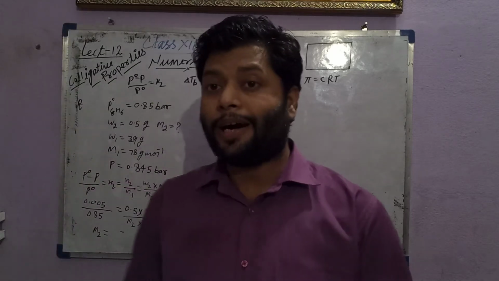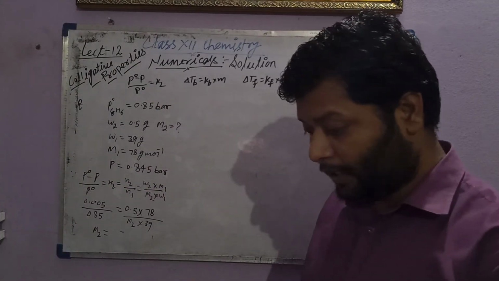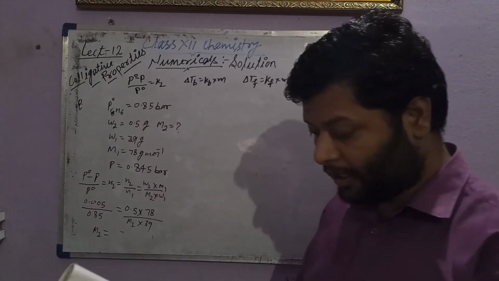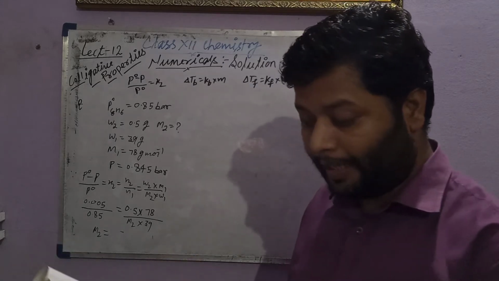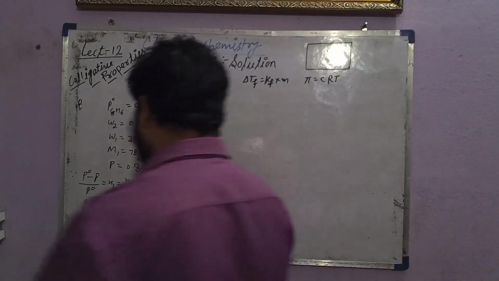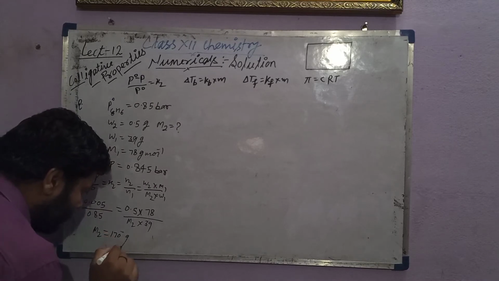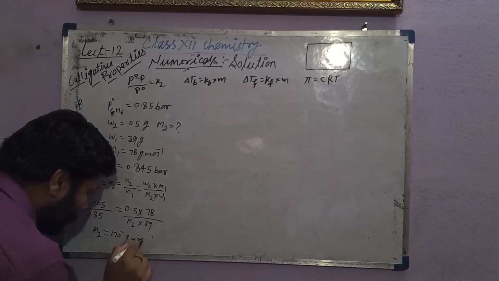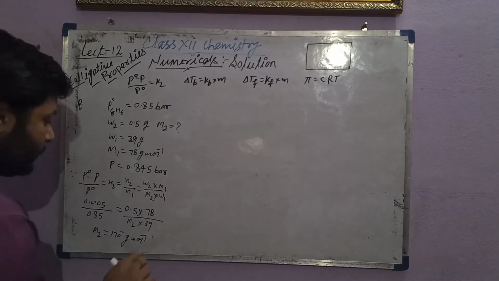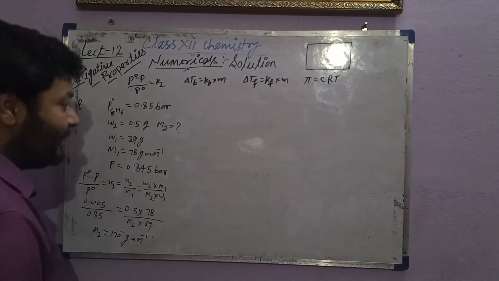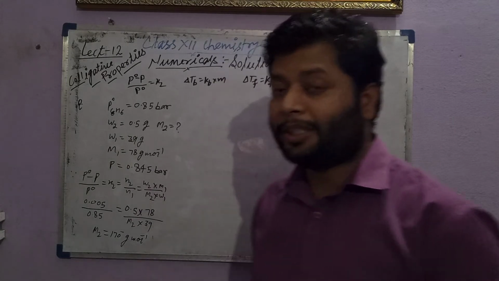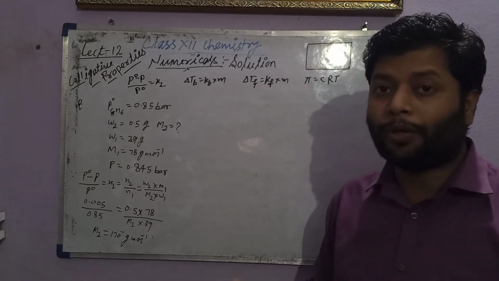When you solve this question, this is an example question, so M2 here is 170 gram per mole. The answer of M2 is 170 gram per mole. This is the first question based on relative lowering of vapor pressure.